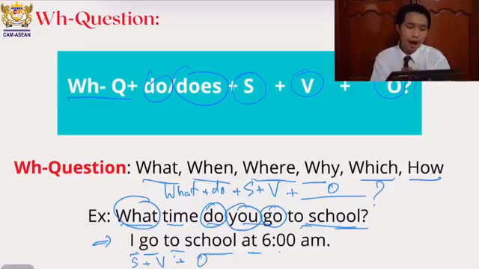Take a look. I go to school at 6 o'clock. I is the subject, go is verb 1, and then followed by the object. See? So it's very simple for WH questions as well, if you remember and understand the structure of the WH question very well.